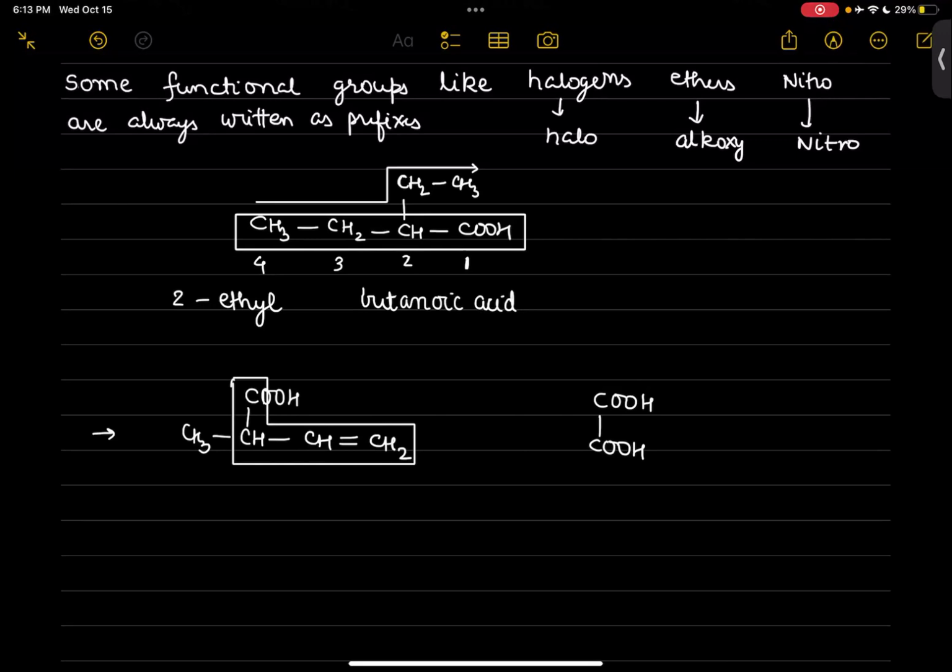Should we give the double bond the lower number or the functional group the lower number? The functional group gets the lower number first, because we are dealing with the functional group. Got it? Yes, sir. So 1, 3, and 4.